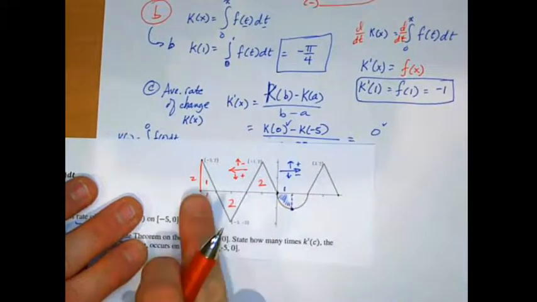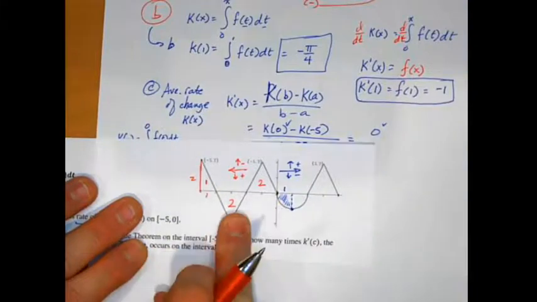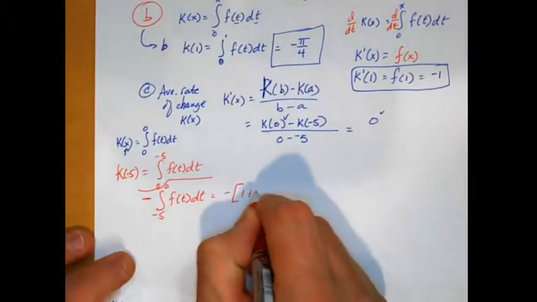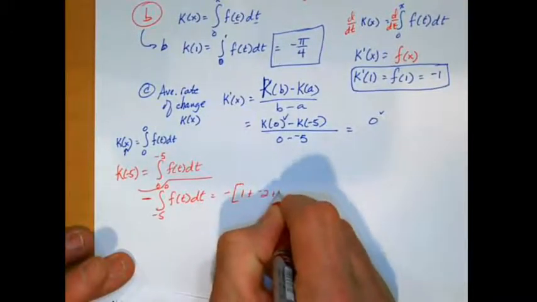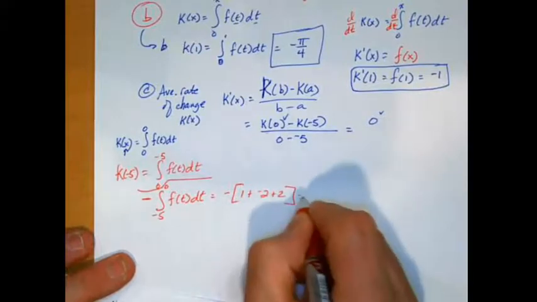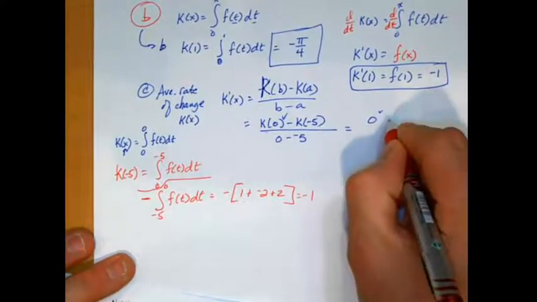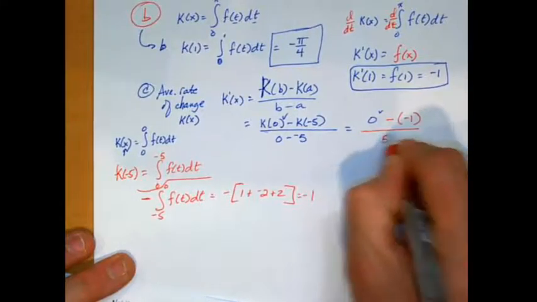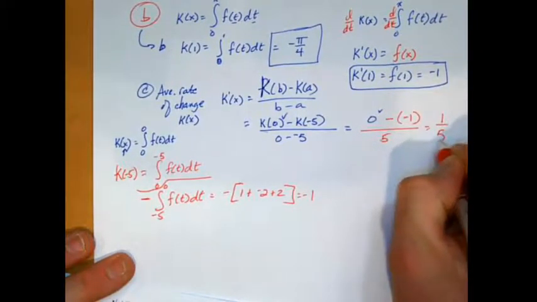If I'm going left to right, I go -1 plus -2 plus 2, which is -1. So 0 minus -1, over 5, which is going to be 1 over 5.